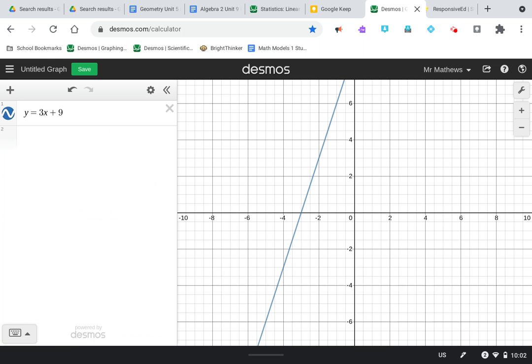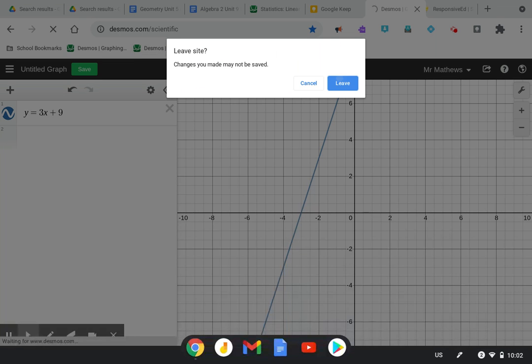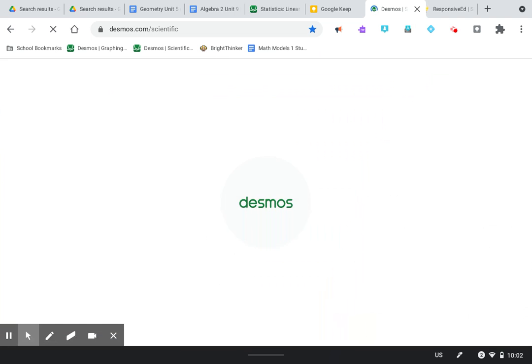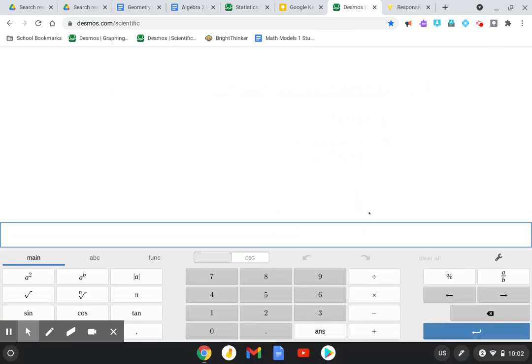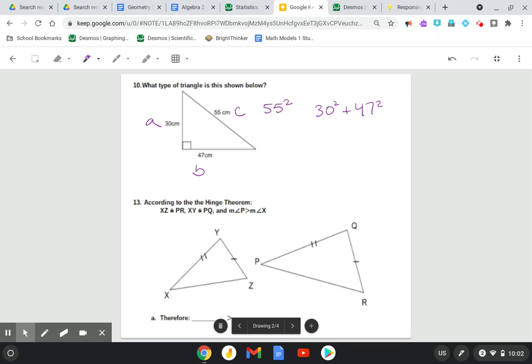So we're going to hop over here to our calculator, and we need to use our regular scientific calculator. 55 squared is 3,025.